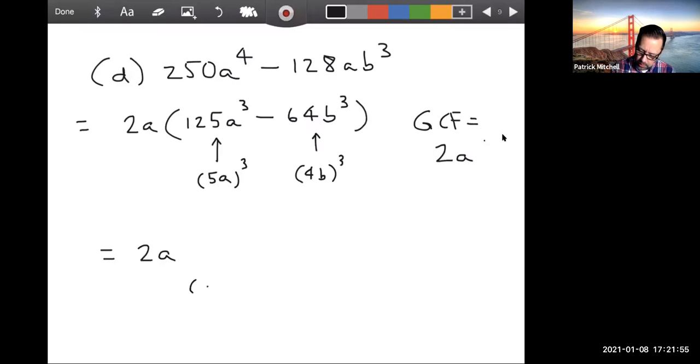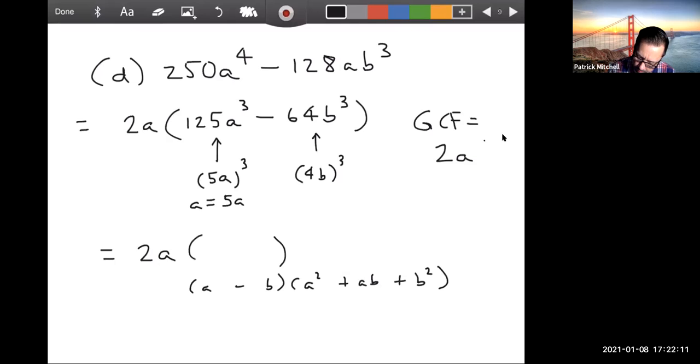So this is going to look like a minus b, a squared plus ab plus b squared. That's the pattern. Playing the role of a is 5a. Playing the role of b is 4b. So my binomial factor is going to be 5a minus 4b.